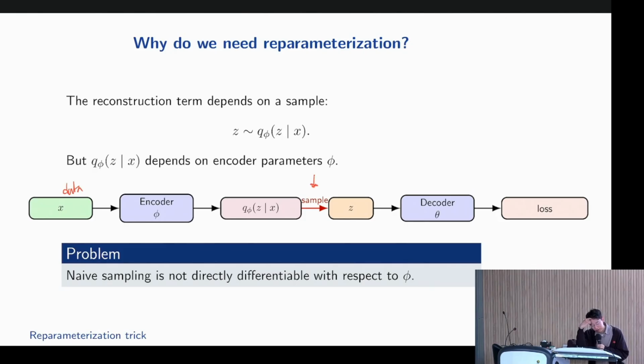But the sampling procedure is not differentiable with respect to the encoder parameter. So in your computation graph, if you have sampling in between, you cannot backpropagate through sampling. In and of itself, sampling layers are not differentiable.